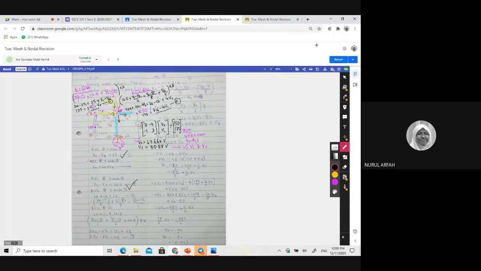Wait, let me check. This is rather confusing. KCL at supernode. Where is that KCL at supernode? V4 over 8. Where is 8? Okay, there. So V4. Where is V4?